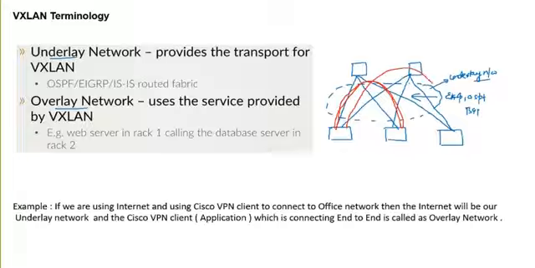This will be your tunnel. This network is called an overlay network. So the overlay network always runs above the underlay network. I mean, before you configure a routing protocol between spine and leaf, you can't run the overlay network.